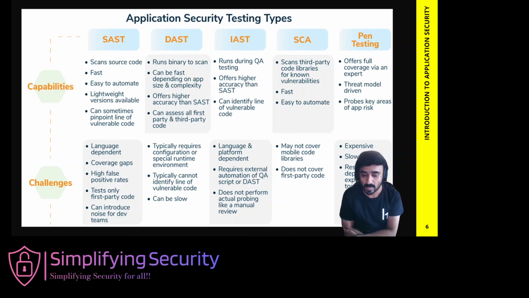It's interactive application security testing, where SAST and DAST are performed at the same time. There are scanners which can perform all this activity at the same time, because both things are run in parallel.